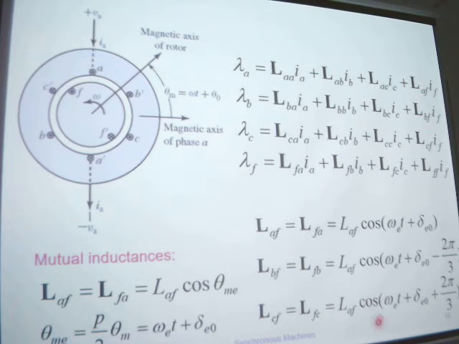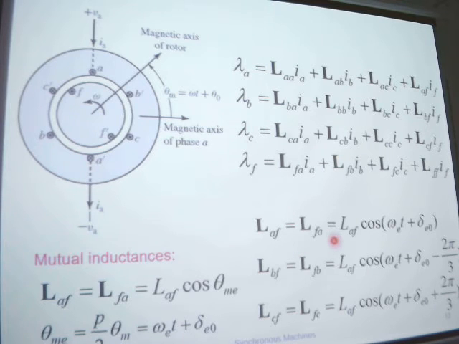These mutual inductances are functions of the electrical angle, omega E, omega M, omega T, and also theta M.